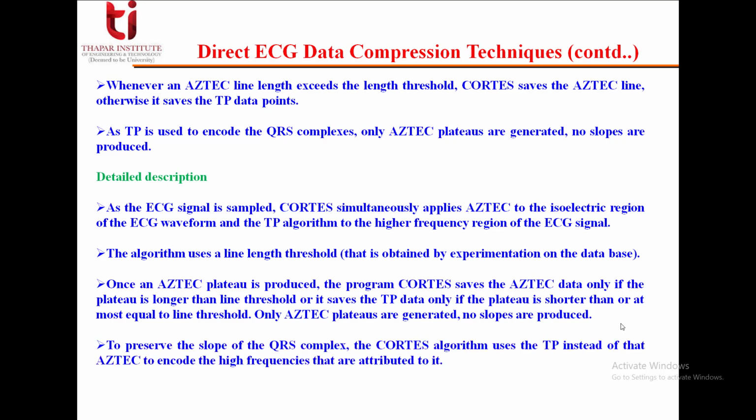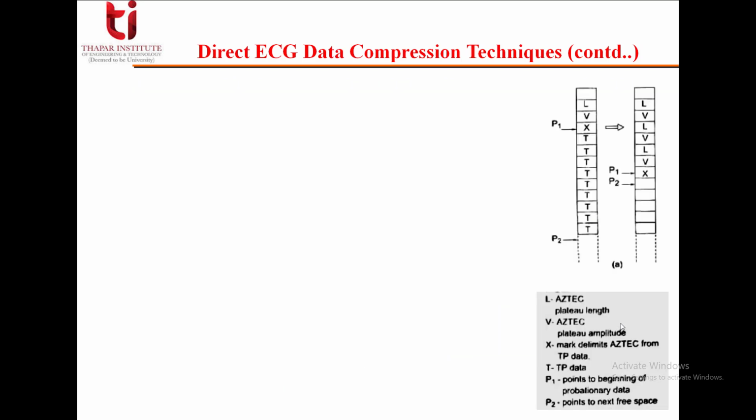To preserve the slope of the QRS complex, the CORTES algorithm uses turning point instead of AZTEC to encode the high frequencies that are attributed to it. To speed up the process of coding, the TP data are stored directly into the array. So these are the arrays it shows.